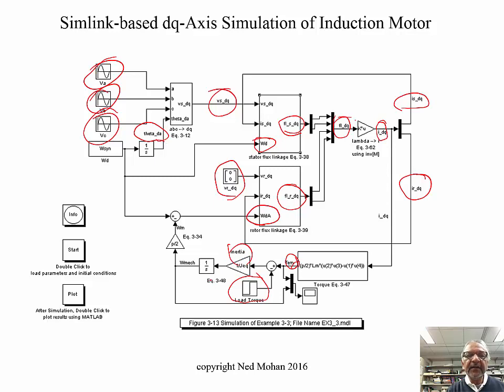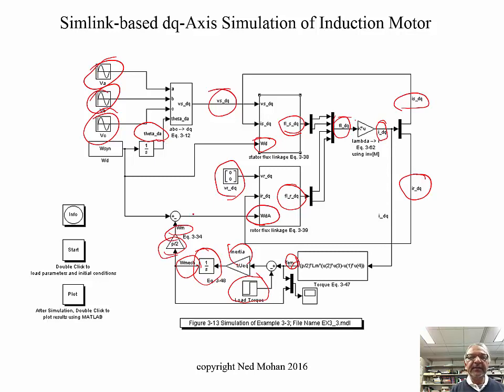That gives us the d/dt of omega mechanical. So here is an integrator, and that gives us the mechanical speed. You multiply that by the number of poles divided by 2, and that gives us the speed in electrical radians per second.